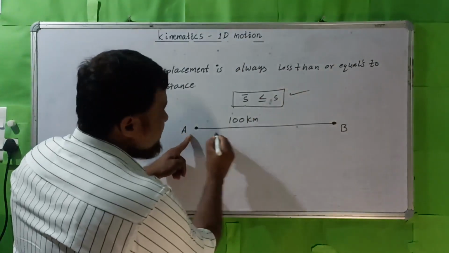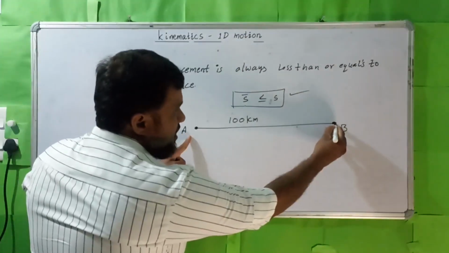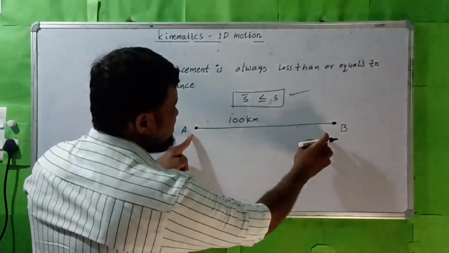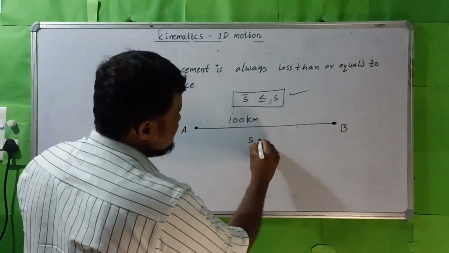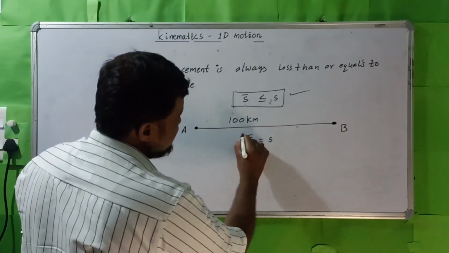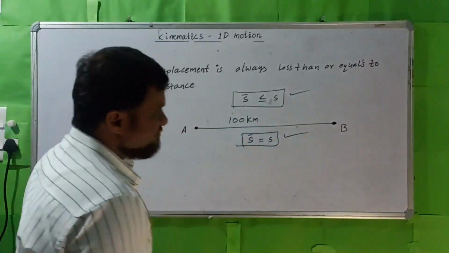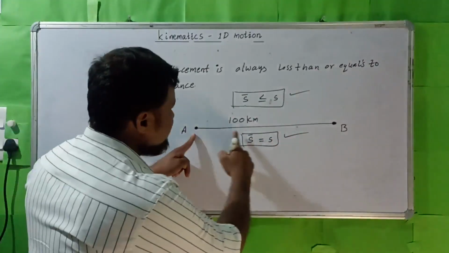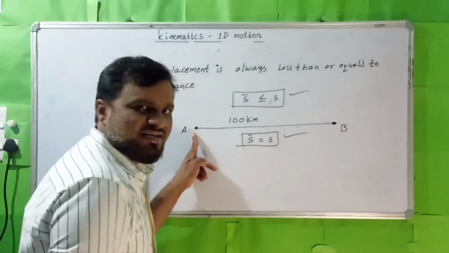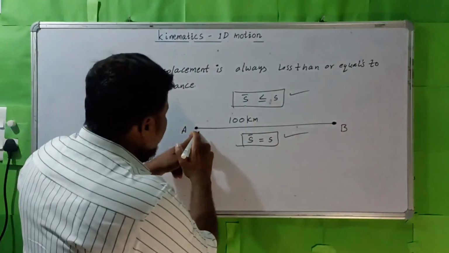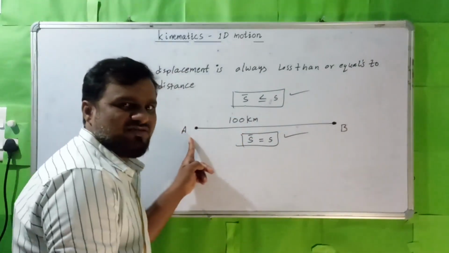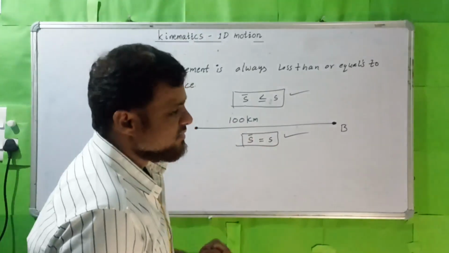The particle starts at point A and stops at point B. So in this situation, distance is equal to displacement. Why? Because A to B is the shortest distance between the initial and final positions, so displacement is satisfied. The actual path covered by the particle is the distance, so both are the same.